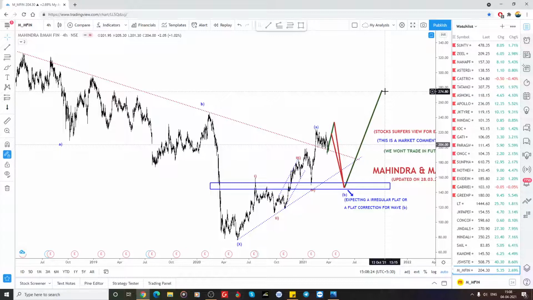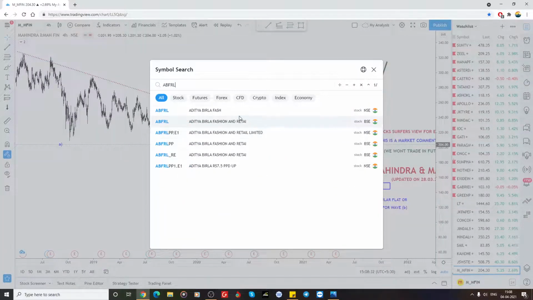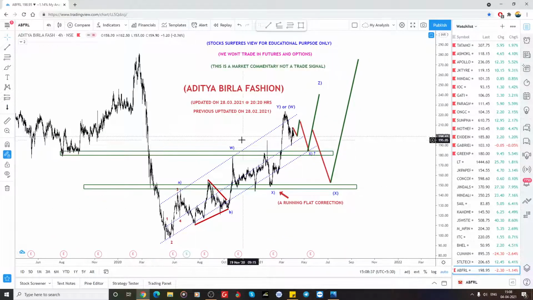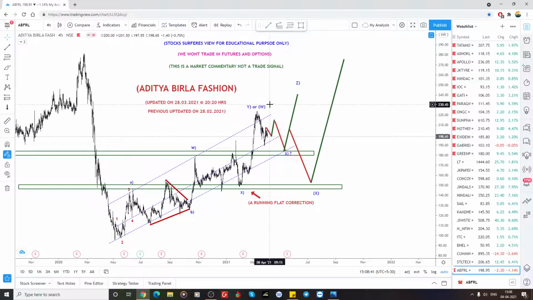So it is getting ready to shoot for Mahindra Finance. And next is ABFRL, Aditya Birla Fashion. So that is also the same. A, B, C in a W, X, and I expected the 5A structure, but it didn't happen. So that is why we have to wait for it to complete the structure.